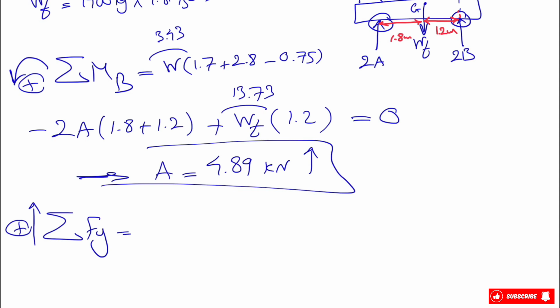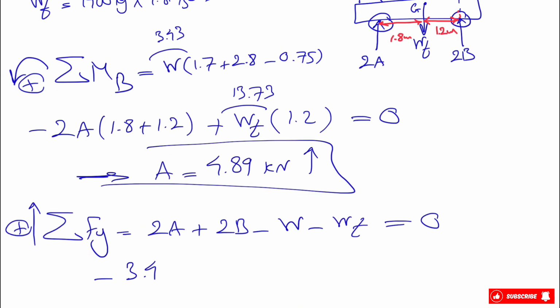We have 2A plus 2B minus the weight of the crate, minus the weight of the truck, equals 0. Everything is known here, so we have minus 3.43 minus 13.73 for the weight of the truck, and we have 2 times A, which we found 4.89, plus 2B equals 0.